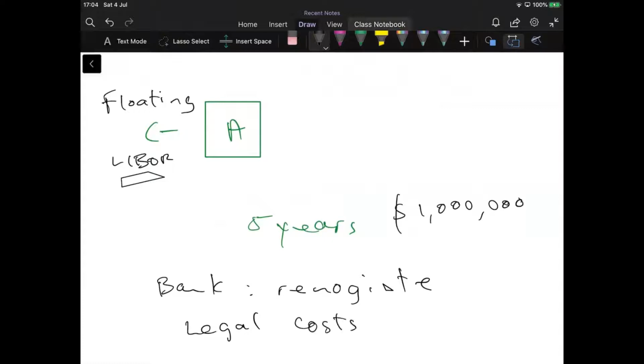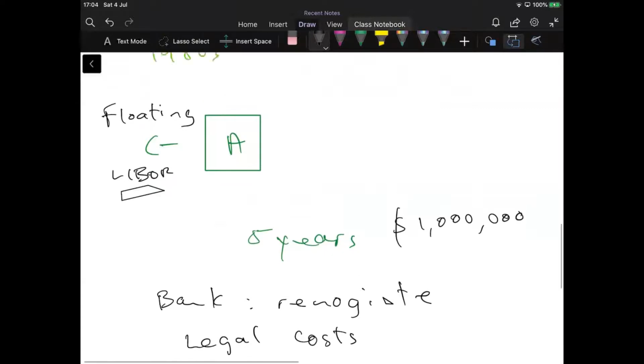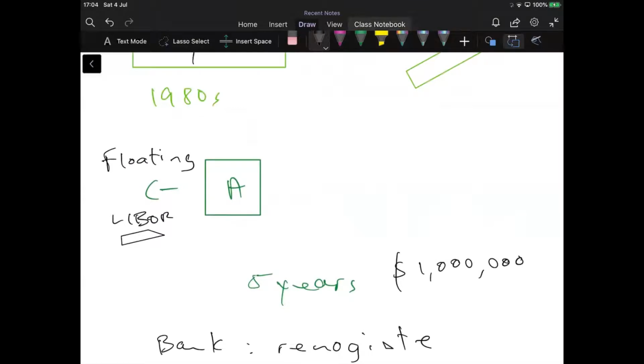And one of the benefits of entering the swap is the swap just sits right on top of the existing loan, and you have no discussions with your bank.